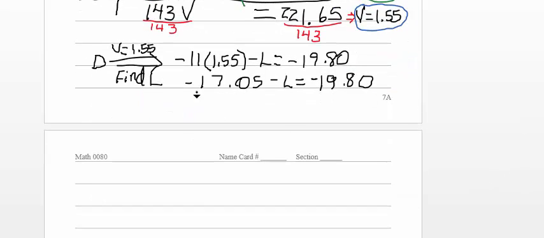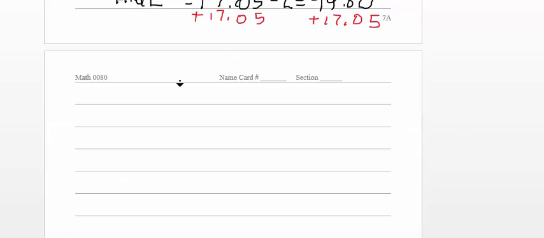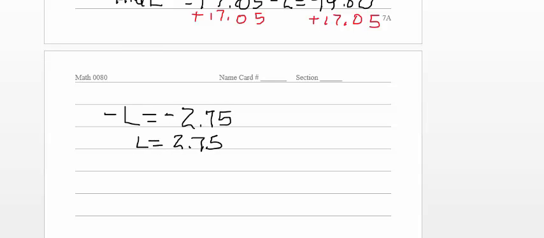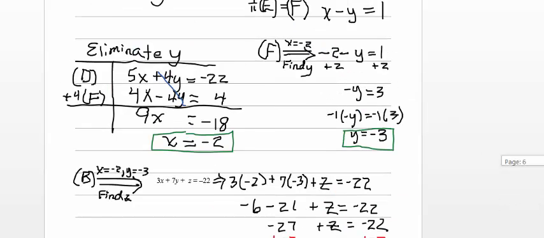And I see that if I add 17.05 to both sides of the equation, I find out that negative L equals negative 2.75. Multiplying both sides by negative 1 gives me L equals 2.75.